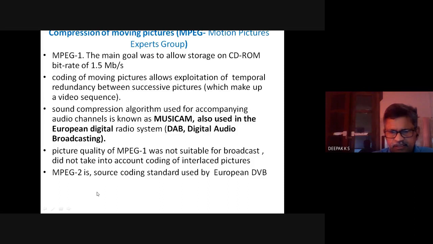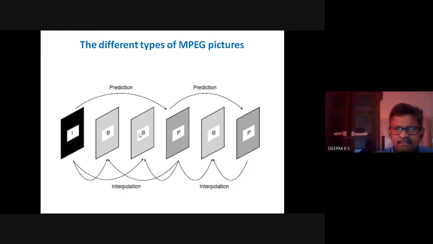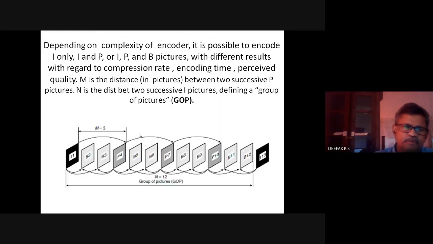It does not take into account interlaced pictures, and MPEG 2 is the normal standard for digital video broadcasting. And they exploit this correlation between successive pictures, and they make use of some movement estimation, and this is required only in the encoder. So this is the basic thing, and we'll come to the block diagram tomorrow.